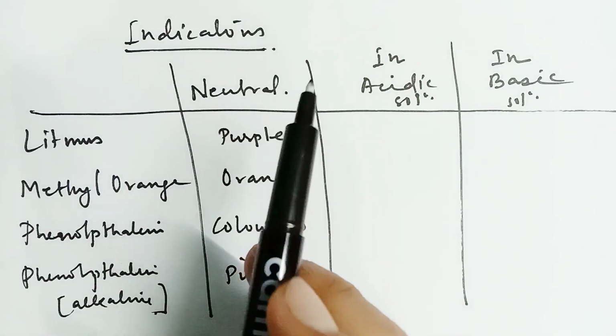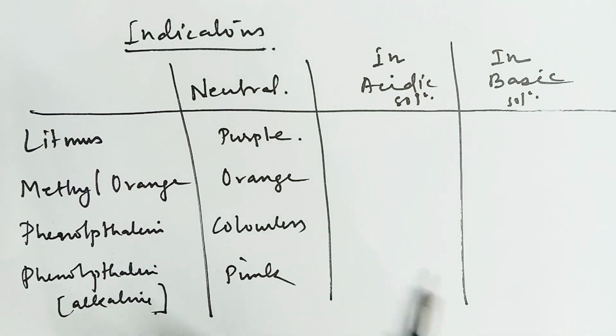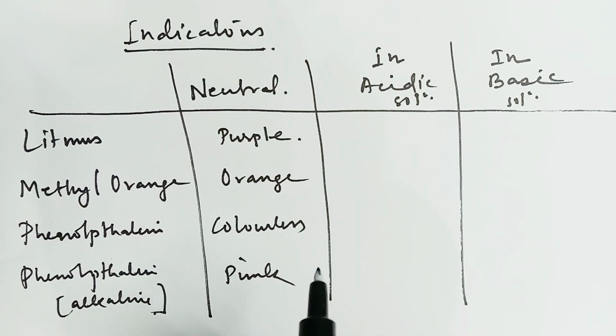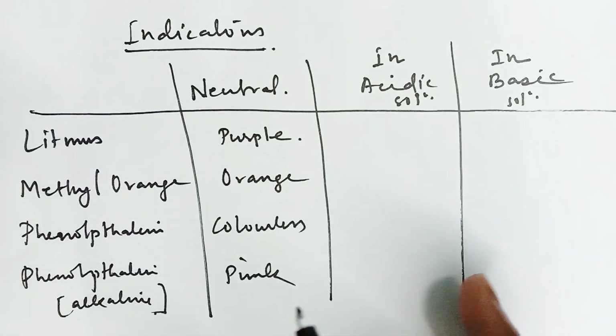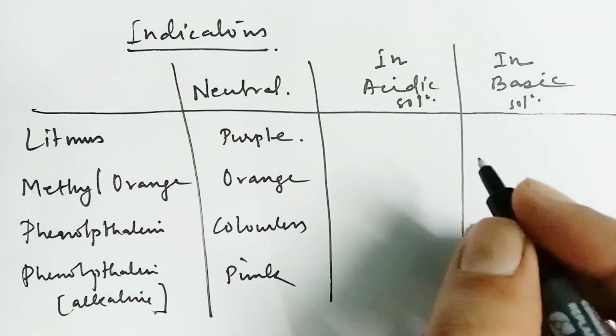Another natural indicator is used in our day-to-day life. You comment and tell me which is that indicator. Hint: that indicator is a common ingredient of every food to bring a yellow type of color in food.